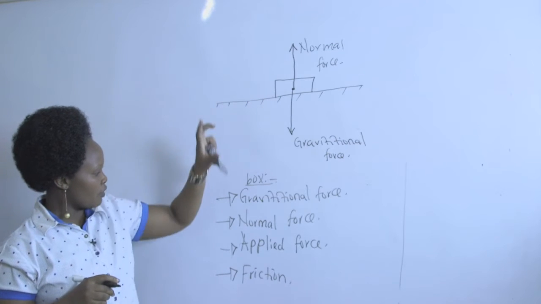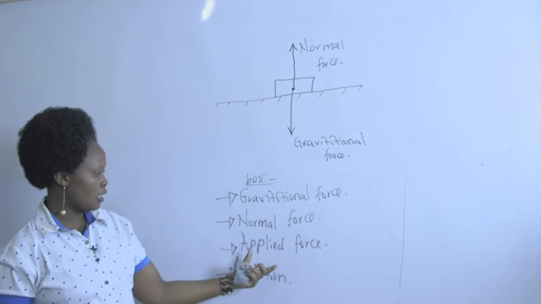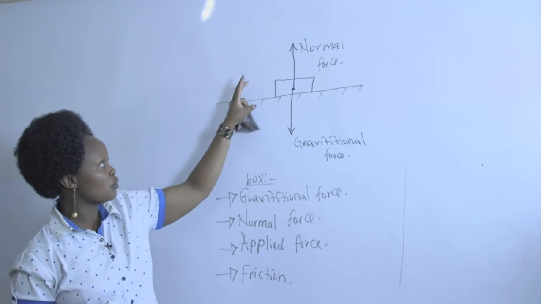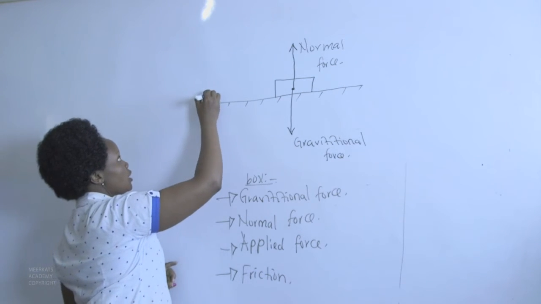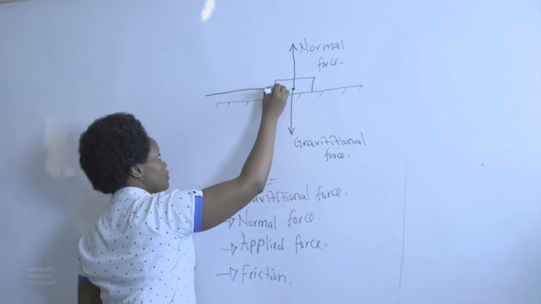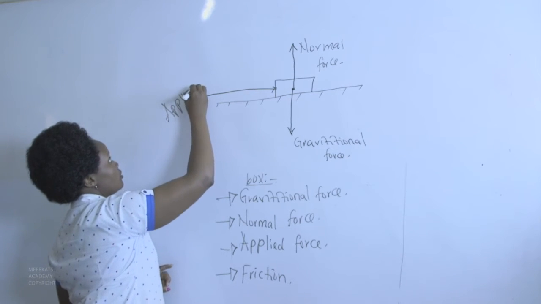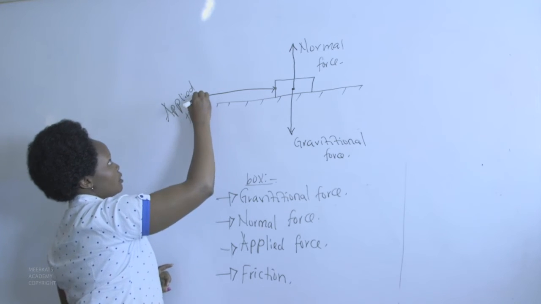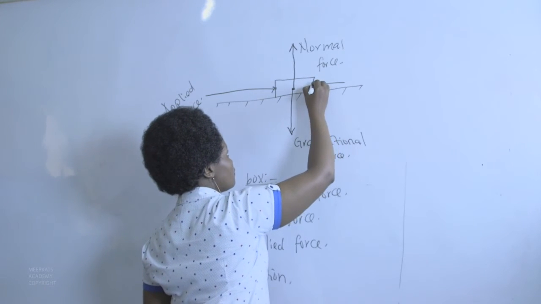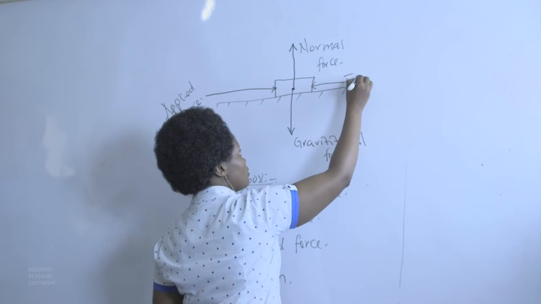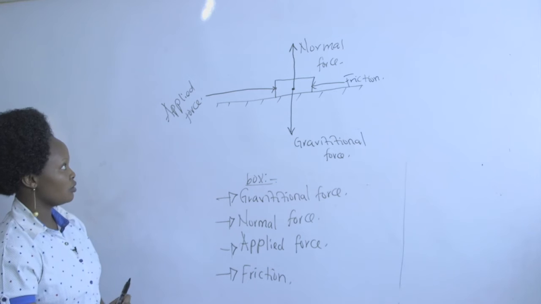Then we have two extra forces, and remember the question tells us that the box is actually moving towards the right. Therefore, the applied force will be towards the right direction. That is the applied force. Then equally, we have friction in the opposite direction.